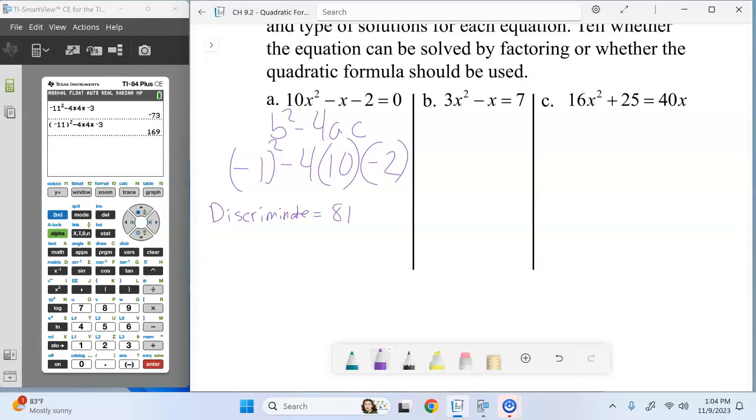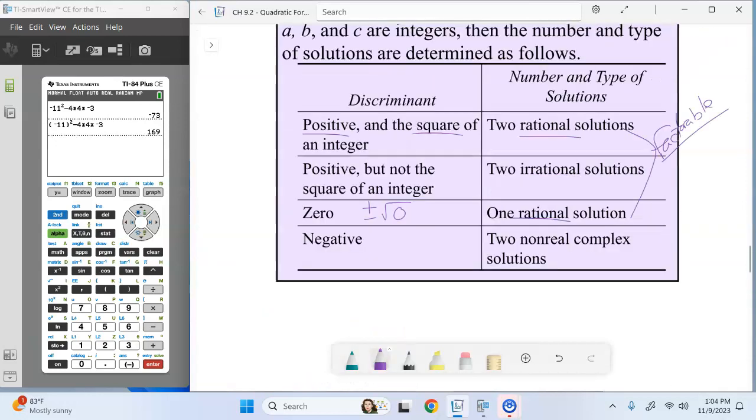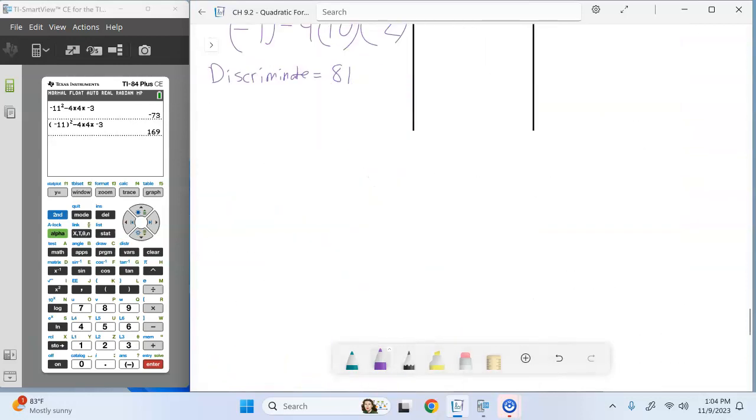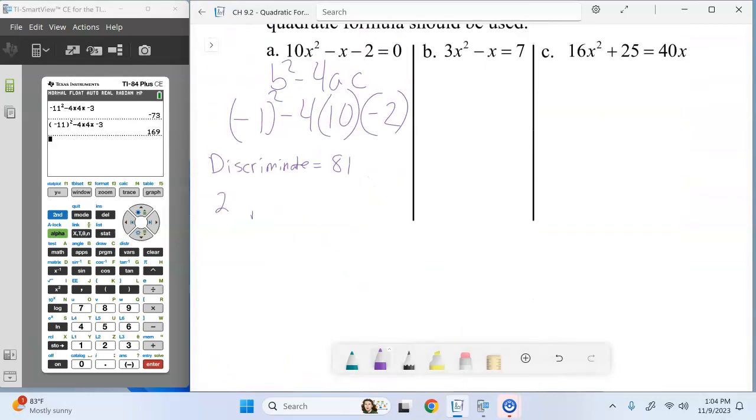It's positive and the square of an integer, so it's 2 rational solutions. Now, because it's rational, does that mean I can factor it or I have to use the quadratic formula? If it's rational solutions, that means it's factorable.